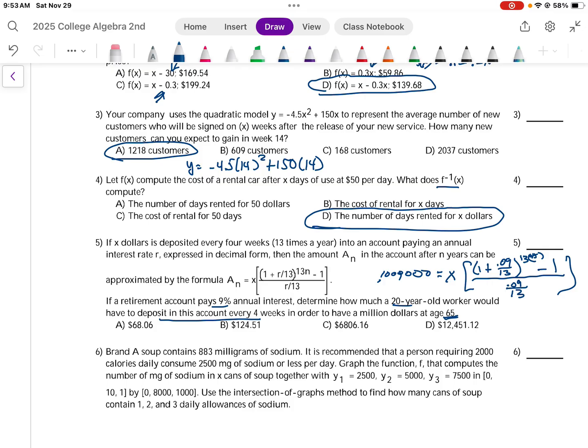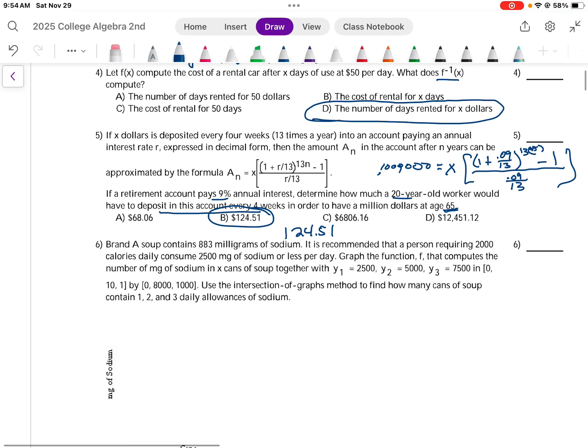All right, and then I'm going to take 1 million and divide it by the last answer I got on my calculator, and I got 124.51. Okay, a lot of calculator work on that one.